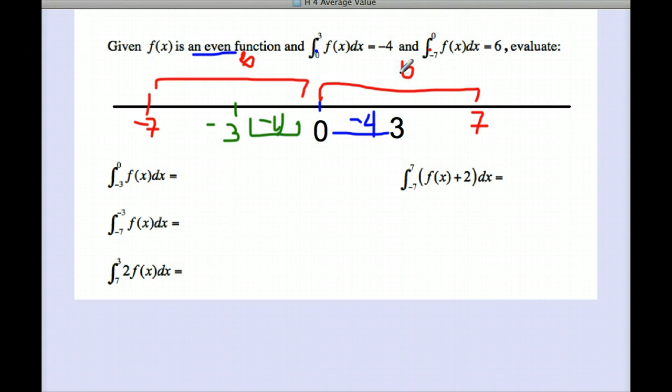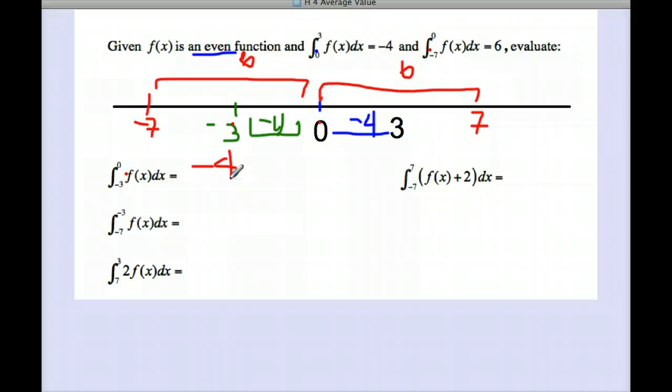So let's use these 4 pieces of information to solve our integrals. The first one says I want to go from -3 to 0, and -3 to 0 is already in here for us, and our answer is -4. So it's the same idea as using a graph, but now we're using a number line.